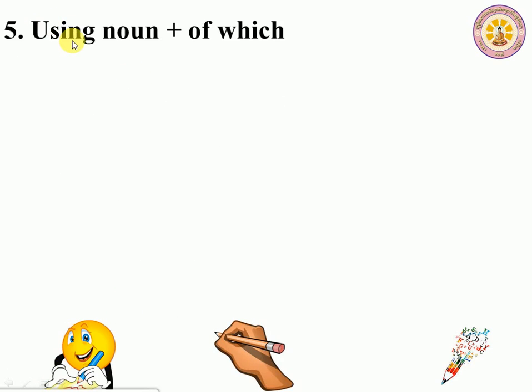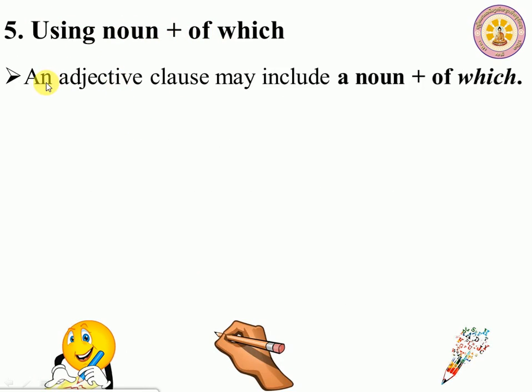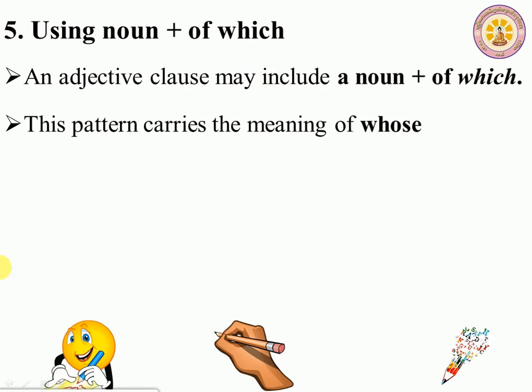Okay, more: using noun plus of which. An adjective clause may include a noun plus of which. This pattern carries the meaning of whose. So when we use this phrase, noun of which, it means whose.